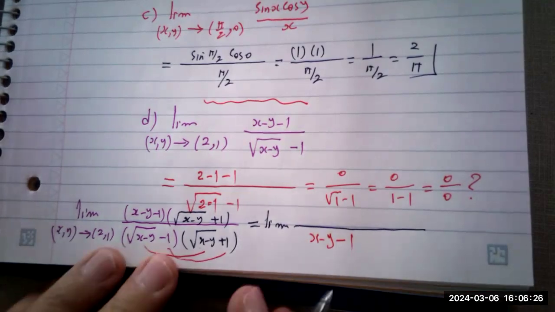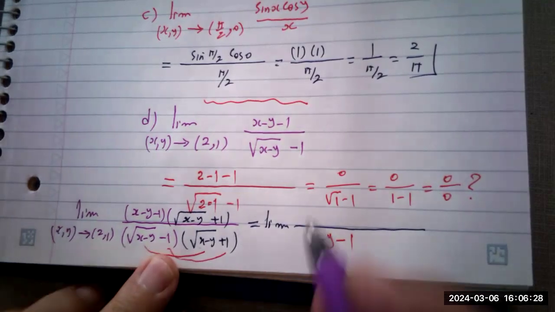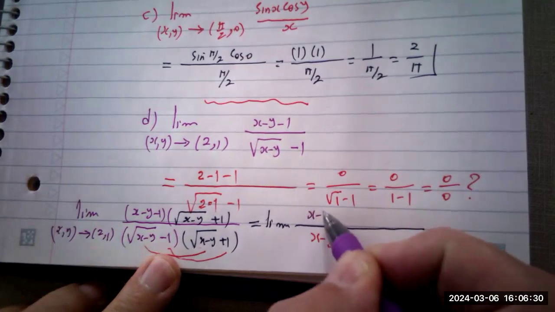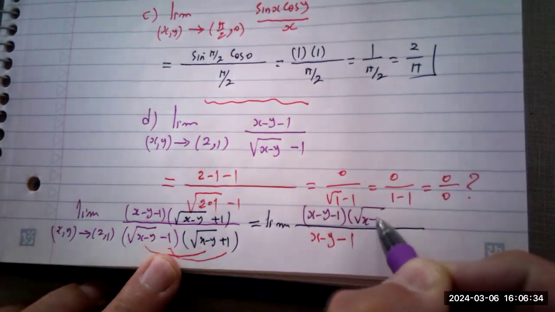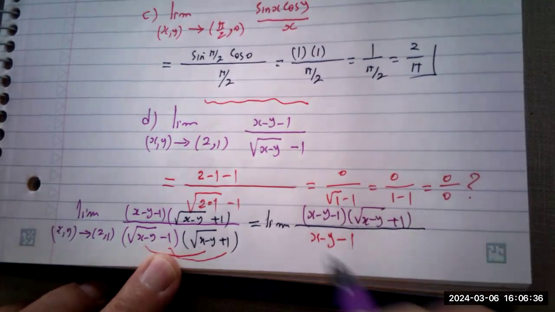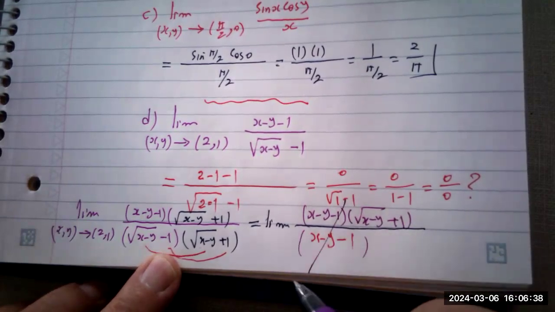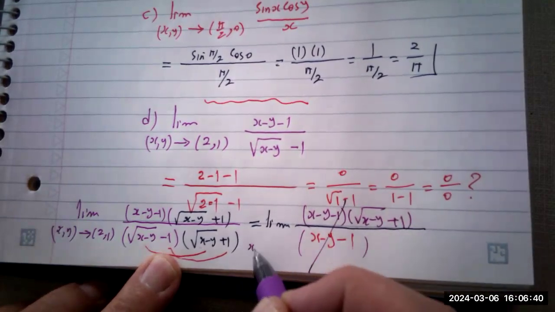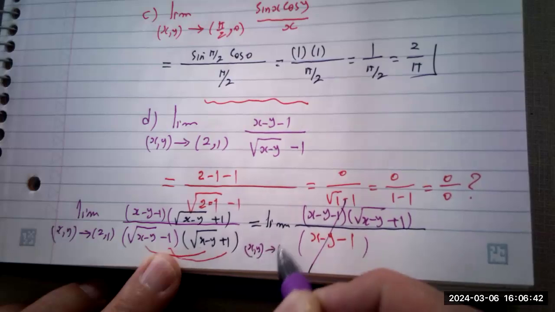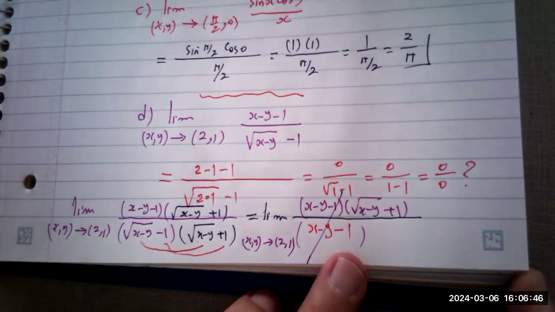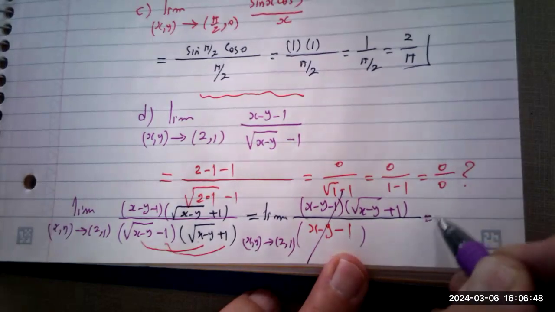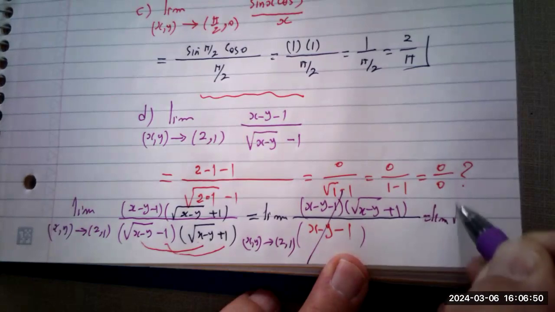As you can see, there is a common factor on the top. On the top, you have x minus y minus 1 times the radical x minus y plus 1. Now this common factor will eliminate, as x, y goes to 2, 1. For the leftover, radical x minus y plus 1, you can just substitute to get your result.